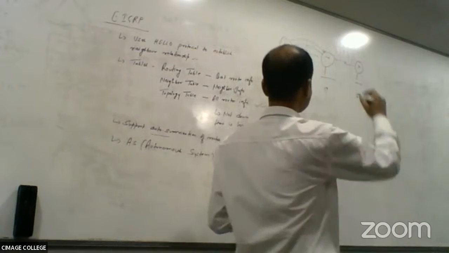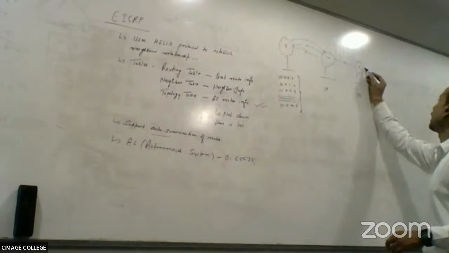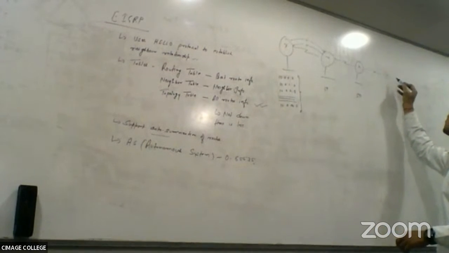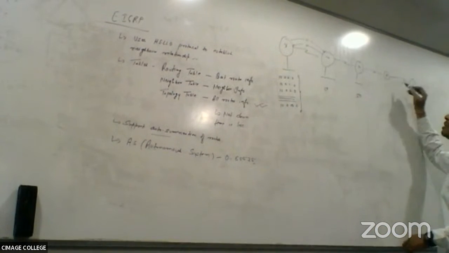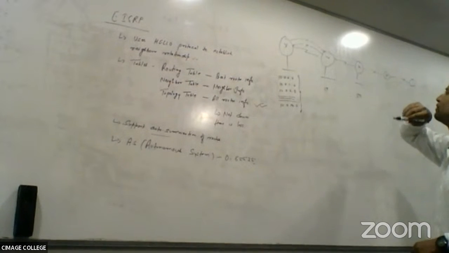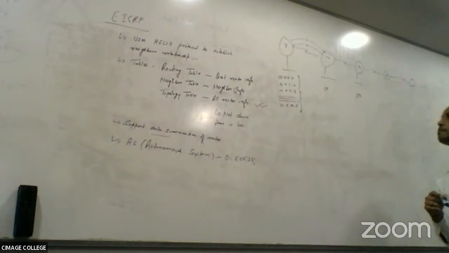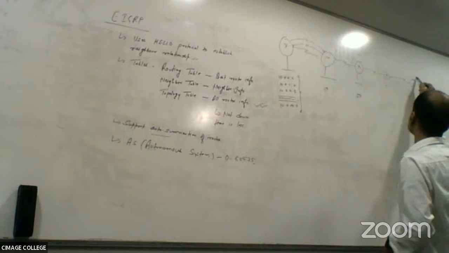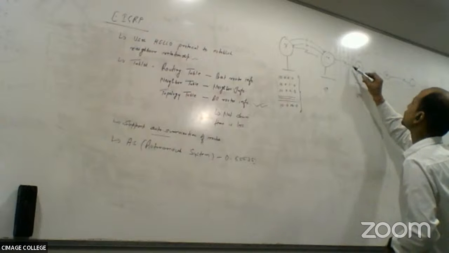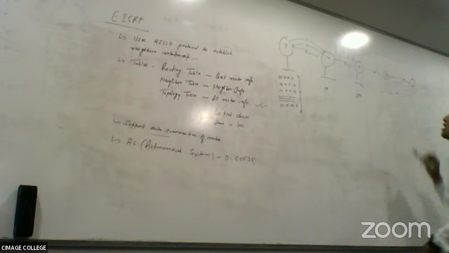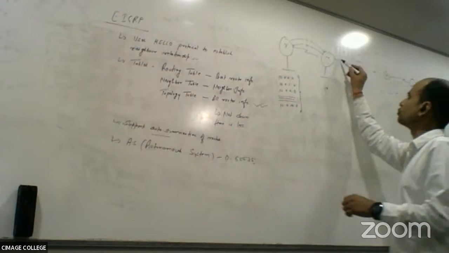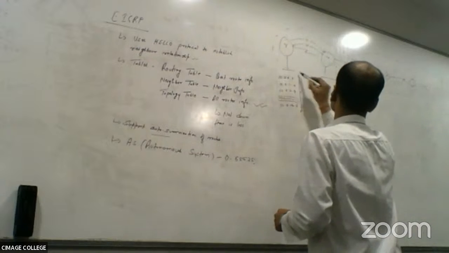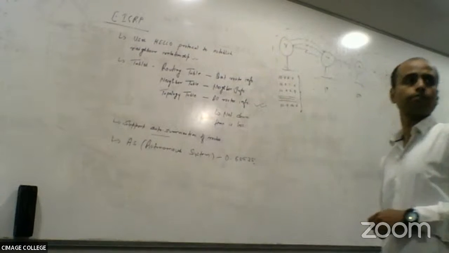Now, suppose I have connected a few more routers. Now in this network, there are 5 routers. I would like to keep these 3 routers in a group and these 2 routers in another group.